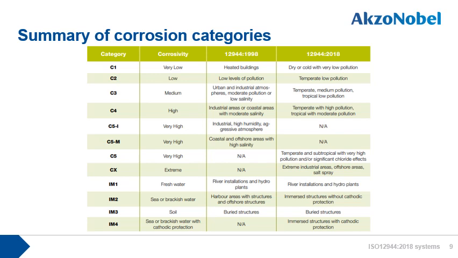I'll give you a minute to go through this, and just to highlight again, the C5I and C5M have been removed from the new revision and replaced with a single C5 category that covers temperate and subtropical environments with very high pollution or significant chloride effects, essentially coastal and high industrial atmospheres.